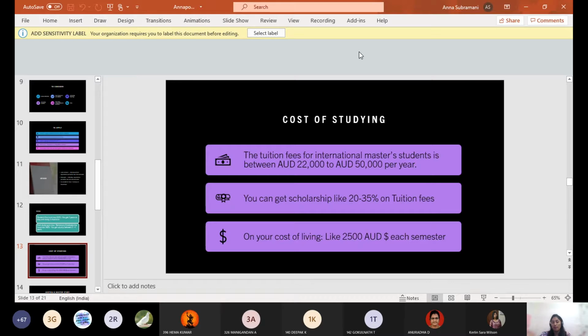That's the maximum; what I have heard is 45 to 50 lakhs is the maximum. But if you go for top universities like what I listed before in the presentation, the fees are a little bit high there. For the moderate universities, the fees would be around 30 to 40 lakhs.